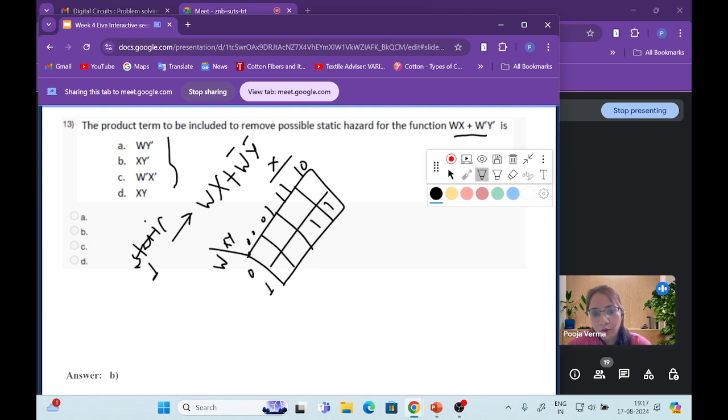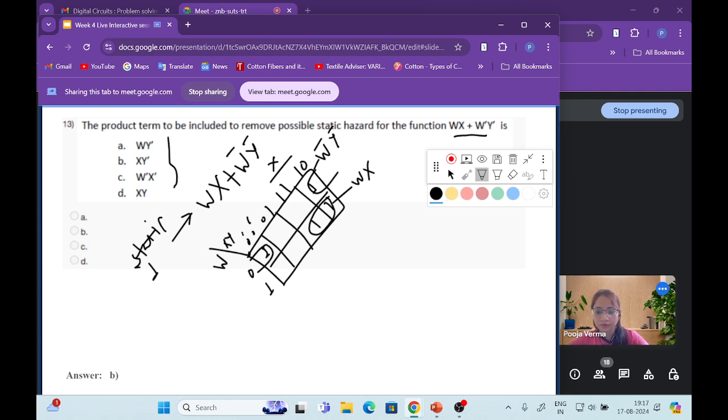So from here we will get the WX expression. Now W bar, Y bar. In this row we will get W bar, and for Y bar, 0 must be common in the columns on this side. This is X, Y, this one is X. So if we make a grouping like this, you will get W bar, Y bar, and if you make the group like this, you will get WX, right?